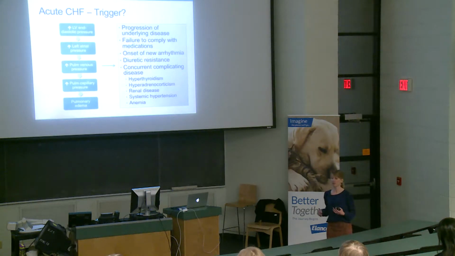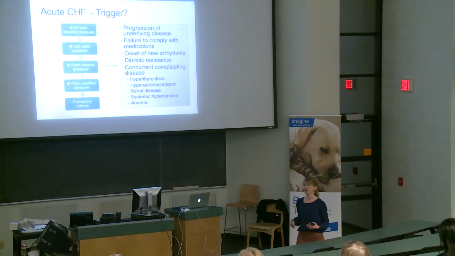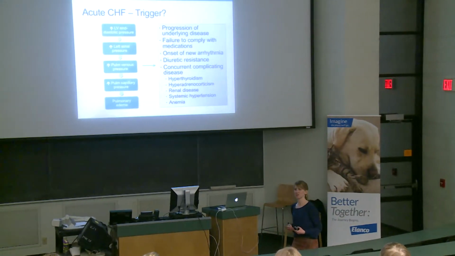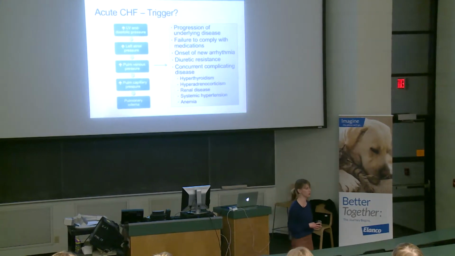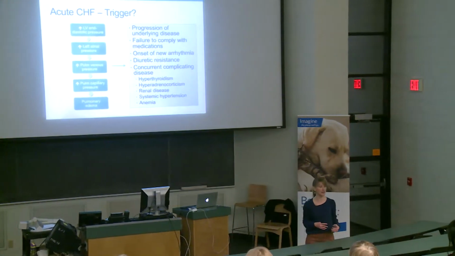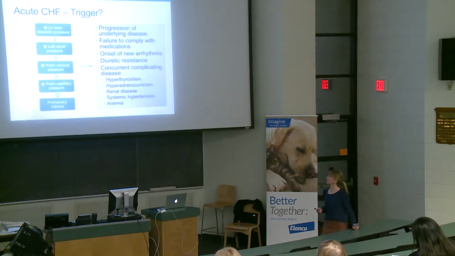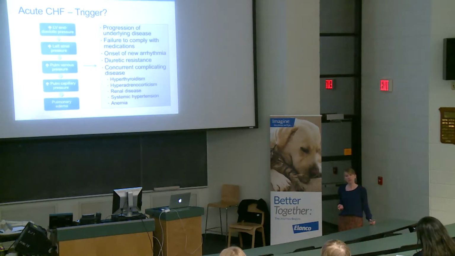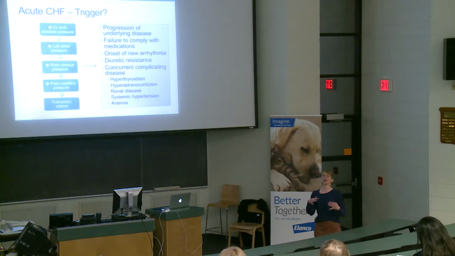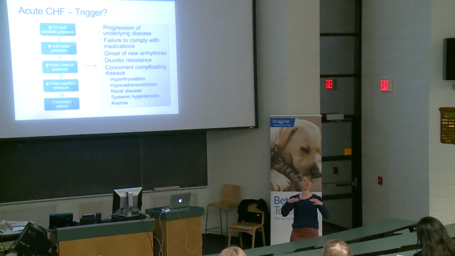Patients that are on furosemide, for instance, long term, they actually do develop resistance or tolerance to that drug. And so some of these patients that have been on those drugs for a long time may become refractory to their effects. And then some other scenarios that we might see are patients that have concurrent disease that in some way disrupts their volume homeostasis.